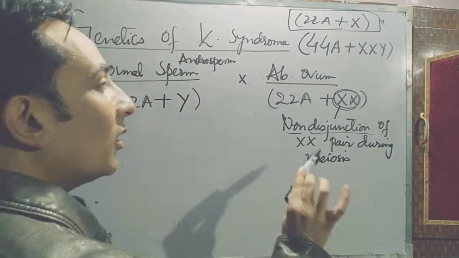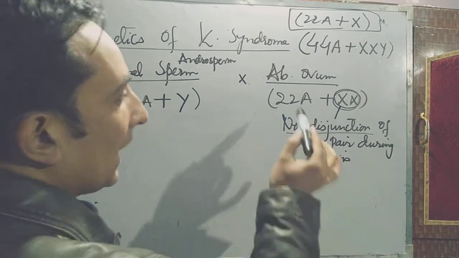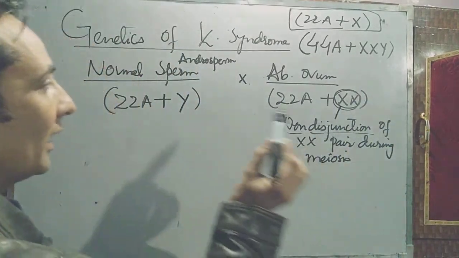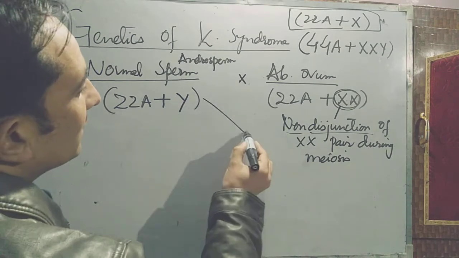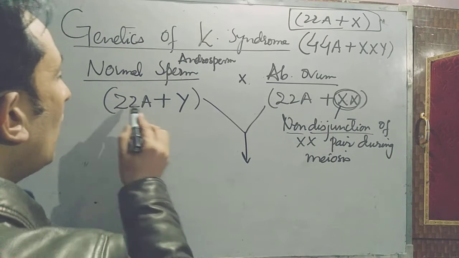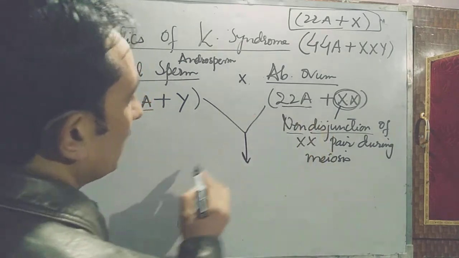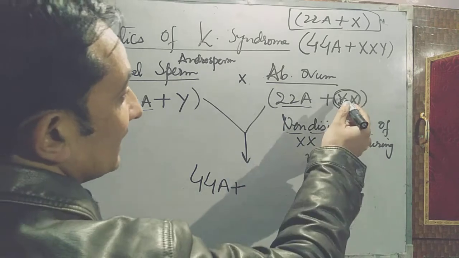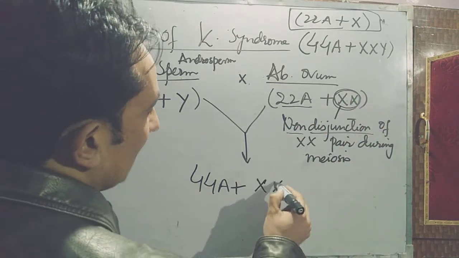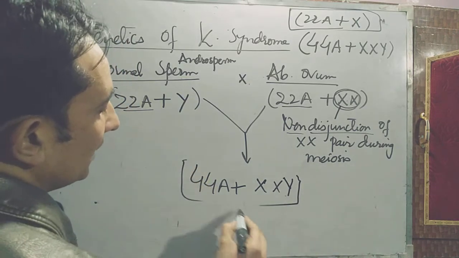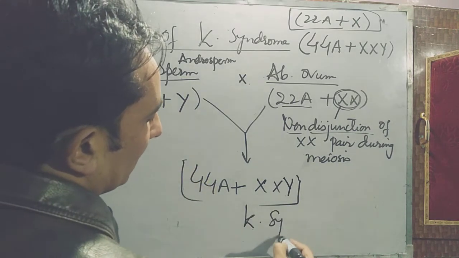So by the non-disjunction of the XX pair, an abnormal ovum, that's 22 plus XX, has been formed. When this abnormal ovum is fertilized by a normal androsperm, the offspring would have 22 plus 22, that's 44A, meaning 44 autosomes, plus this X and this X, XX, and this Y. This is the karyotype of the individual suffering from Klinefelter's syndrome.